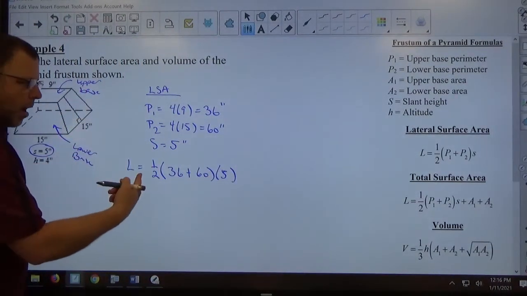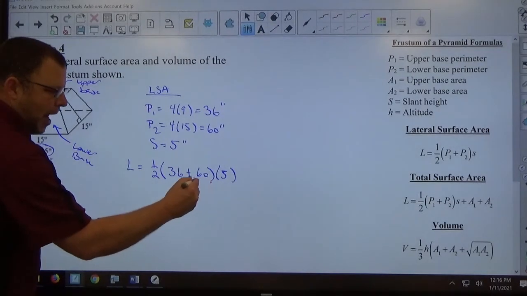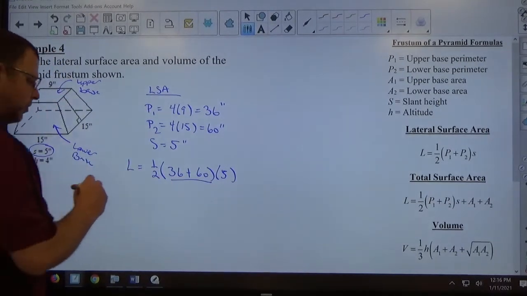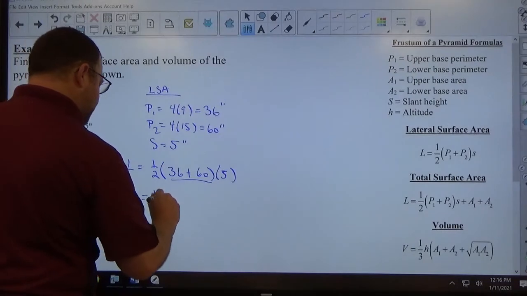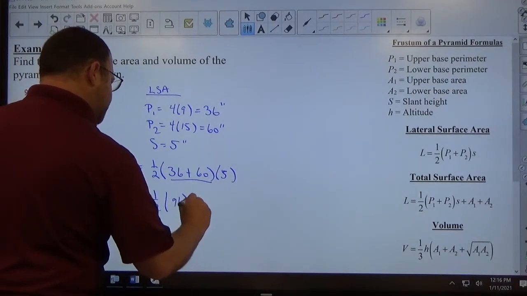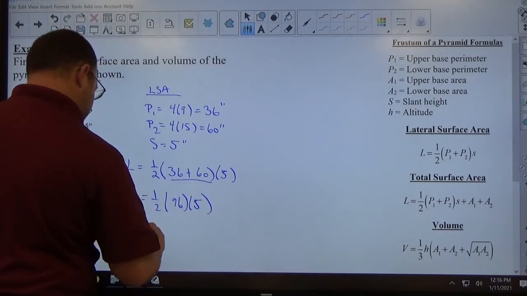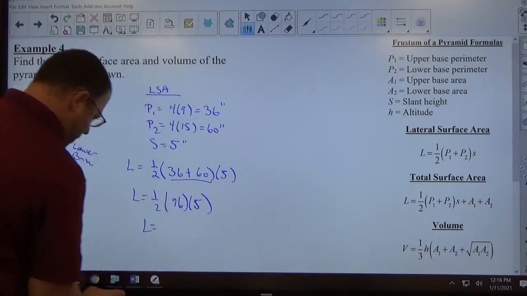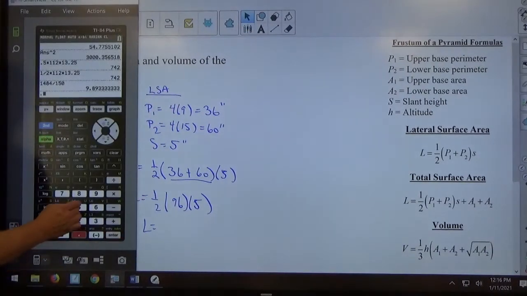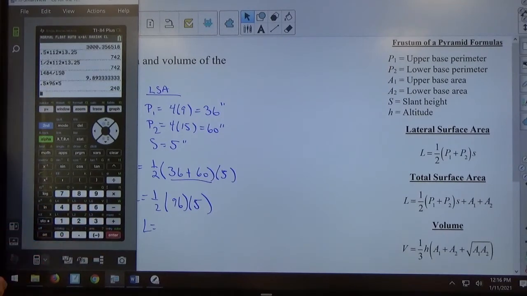Order of operations says we have to add these together before we do any multiplication. So the lateral surface area is going to be 1/2 times 96 times 5. At this point, probably grab a calculator. 1/2 again is 0.5 times 96 times 5, and it comes out to 240.